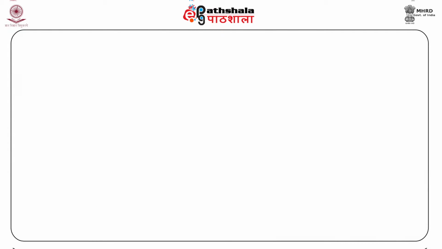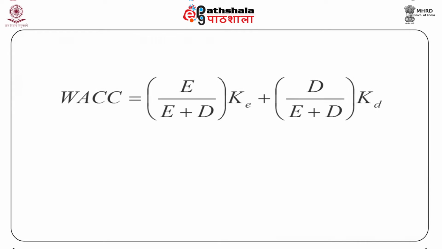Calculation of combined cost of capital. Let E be the value of all of the common stock of the firm and D be the value of all of the debt of the firm. Thus, E plus D must be the total value of the firm. Let KD be the after-tax cost of debt financing and let KE be the cost of equity financing.